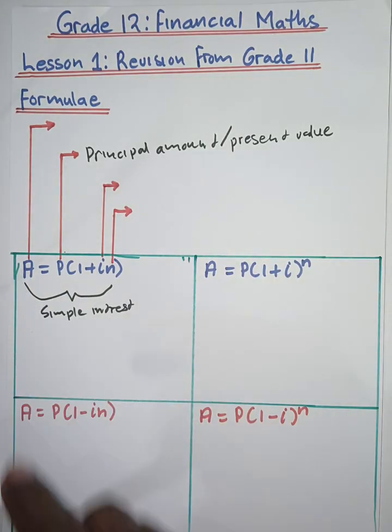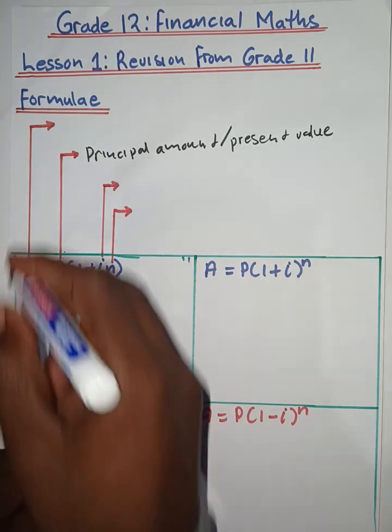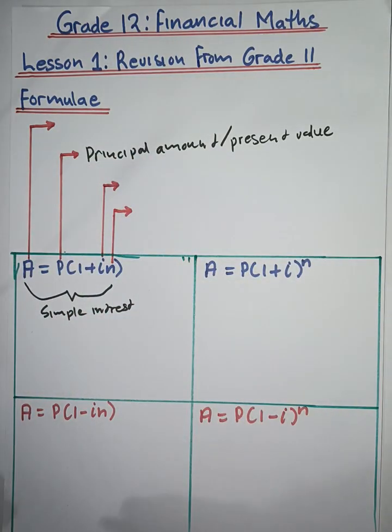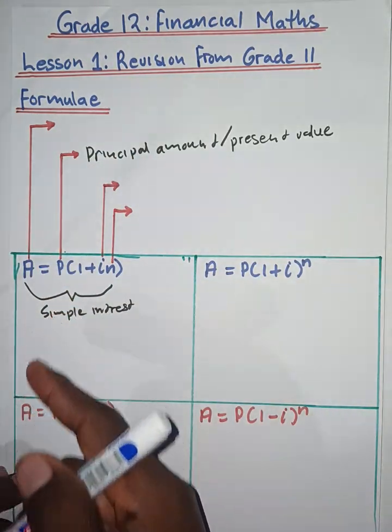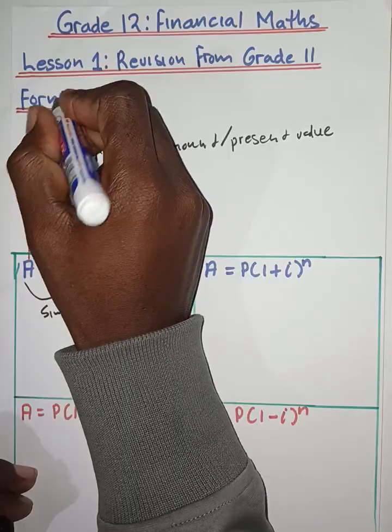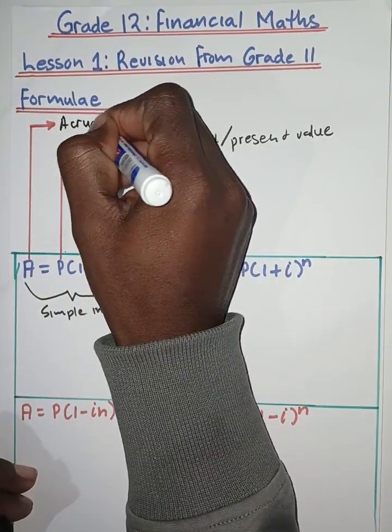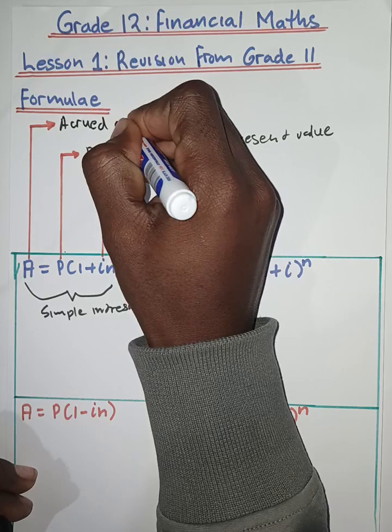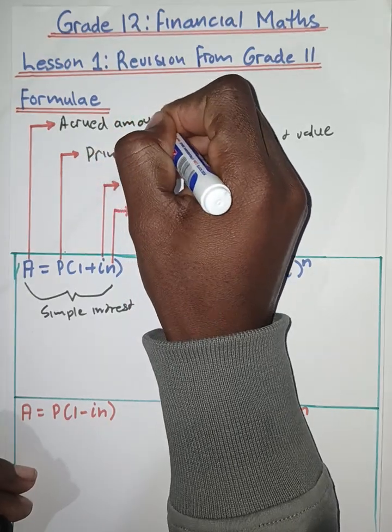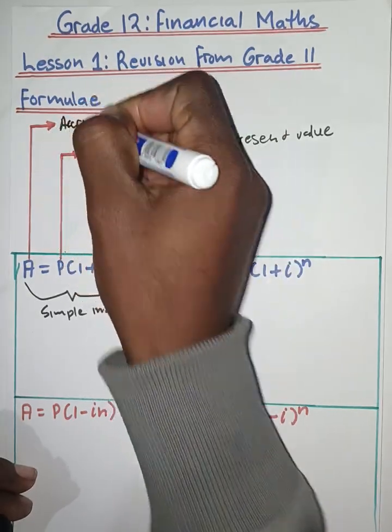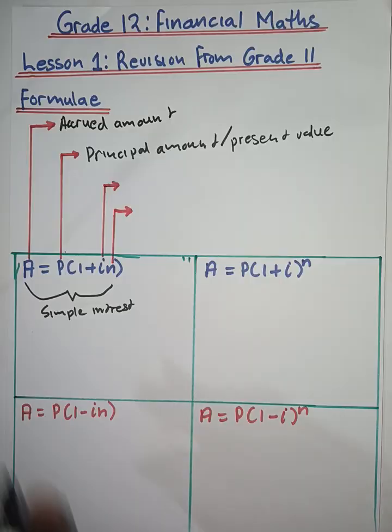A would be the accrued amount. So this is the amount that you get at the end after you have invested. I think actually it's a double C there. So that is the accrued amount.